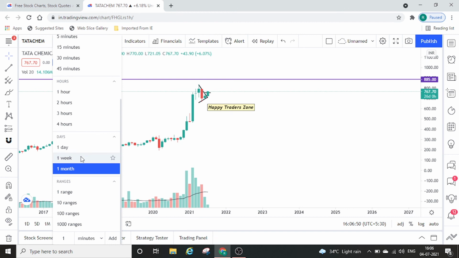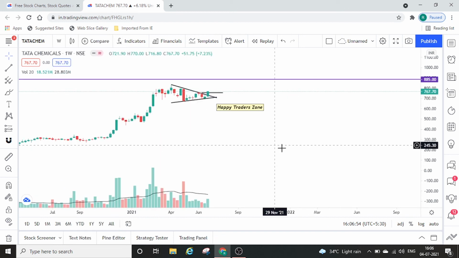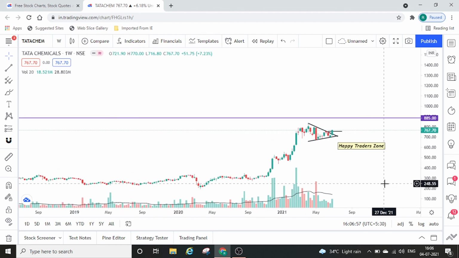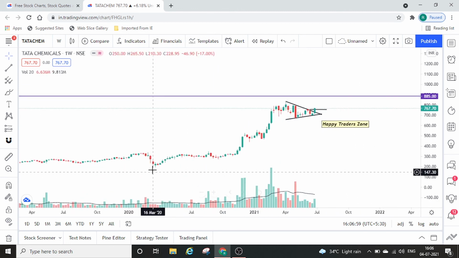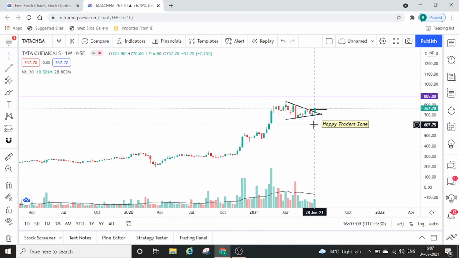In the monthly time frame, anyone can understand that it is in the upward direction. From the weekly time frame, from March 2020, the stock price started to rise from the 212 level, and now it is trading around 770, almost 3 to 3.5 times.